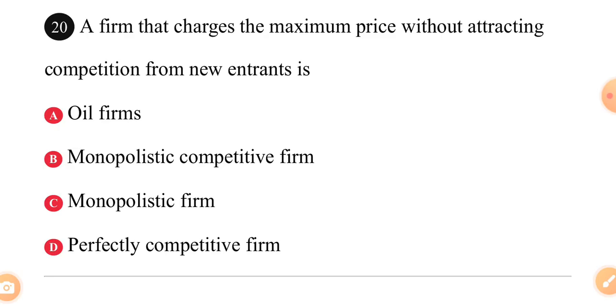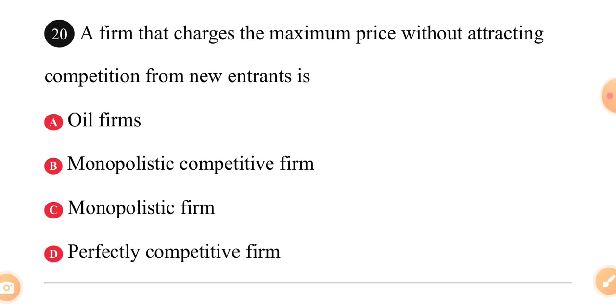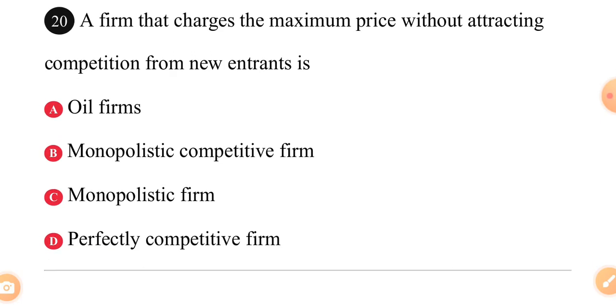B. Monopolistic competitive firm. C. Monopolistic firm. D. Perfectly competitive firm. The answer is simple. If a firm can increase their price the way they like without attracting competitors, then they are C. They are a monopolistic firm.